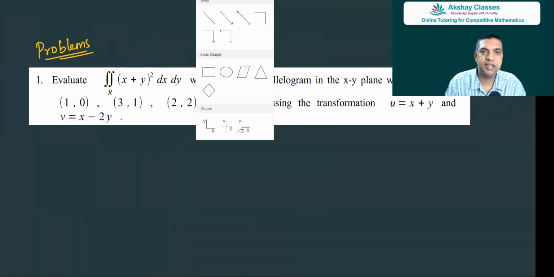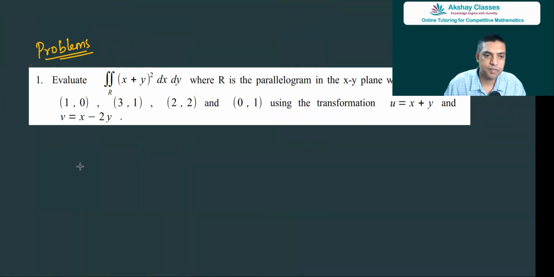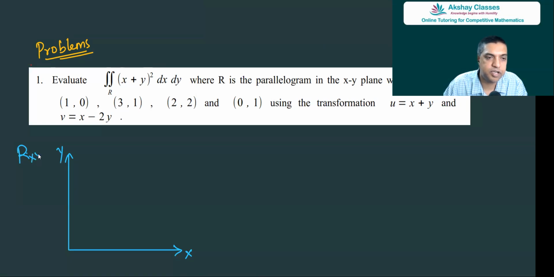So first of all, in the xy plane, it's all positive. This is the xy plane. This is the region or the domain Rxy. We have 1 comma 0, then 0 comma 1, and we have 1, 2, 3, 3 comma 1.